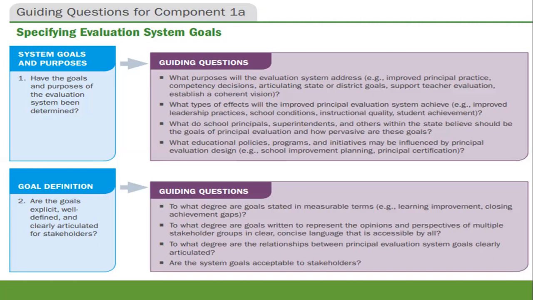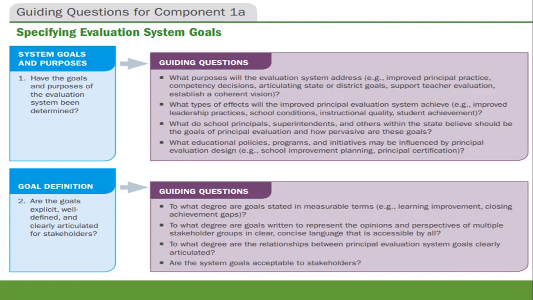First question is, what purposes will the evaluation system address? For example, improved principal practice, competency decisions, articulating state or district goals, support teachers' evaluation, establish a coherent vision.